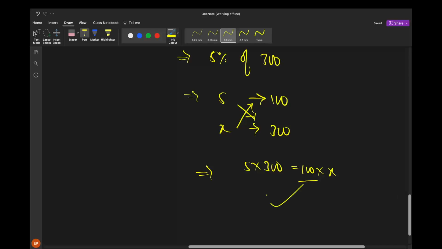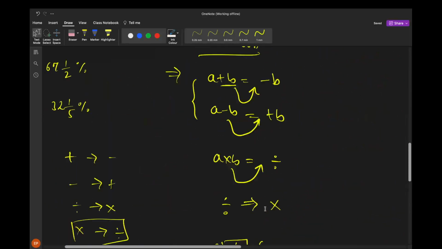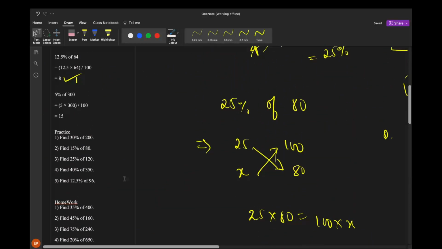So I'll take this part, which becomes 5 into 300 divided by 100 equals x. The 0s cancel, which gives us x equal to 15, right? 3 into 5, 15. So it is 15.